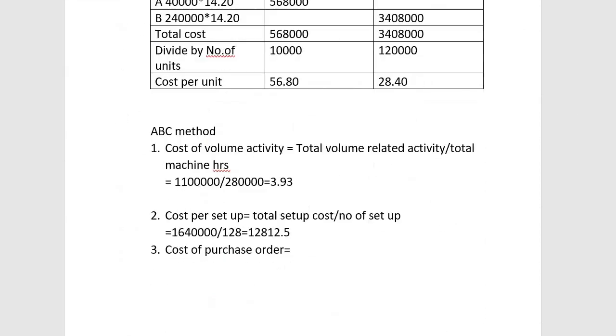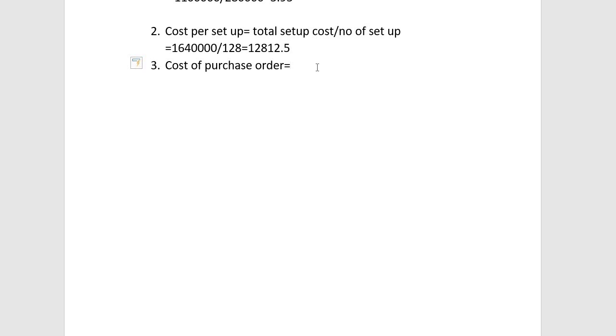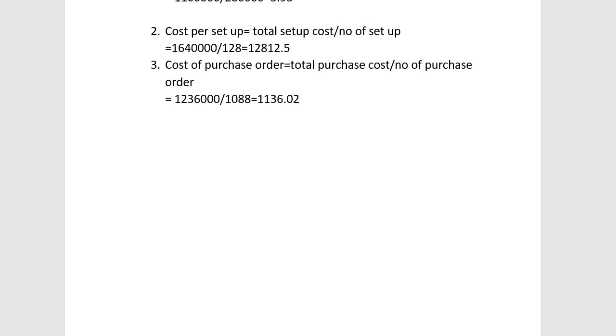So the cost of purchase order equals total purchase cost divided by the number of purchase orders: 12,36,000 divided by 1088 equals 1,136.02. This is the cost per purchase order.